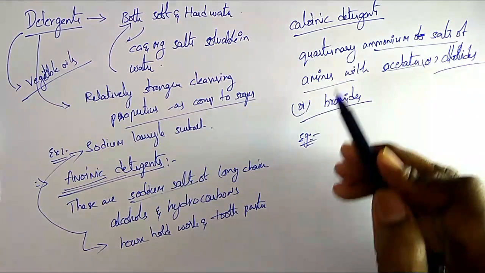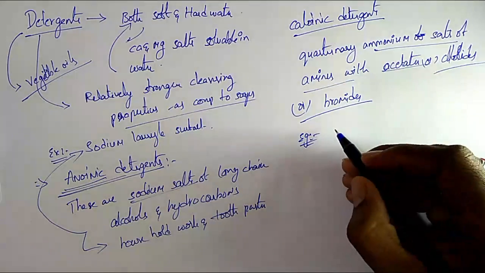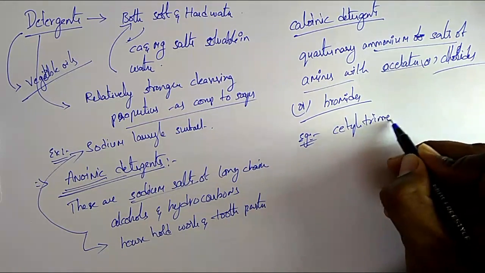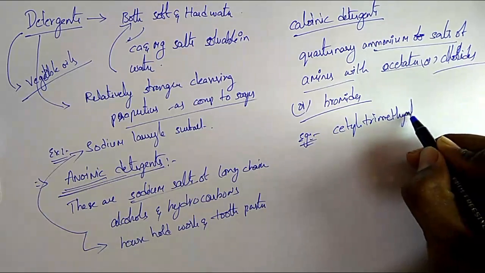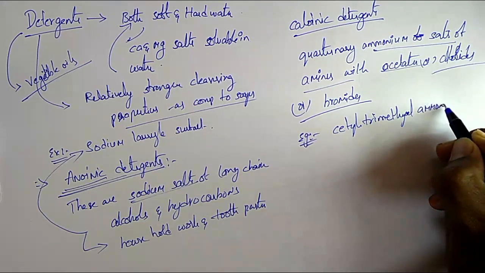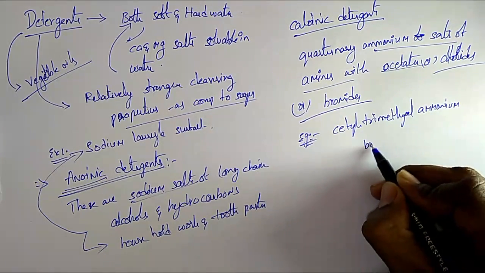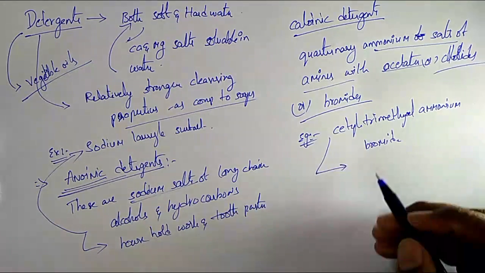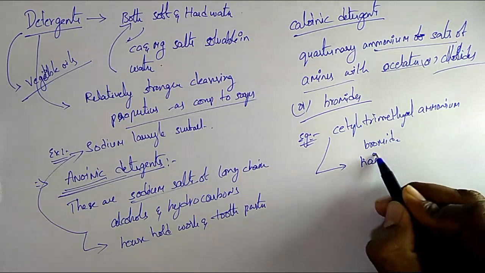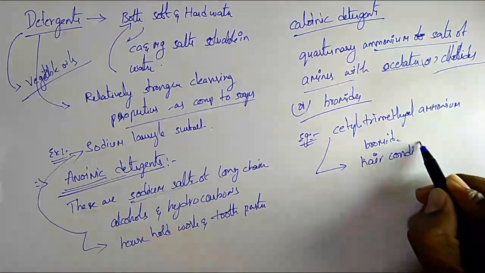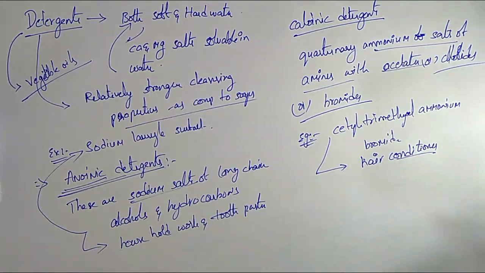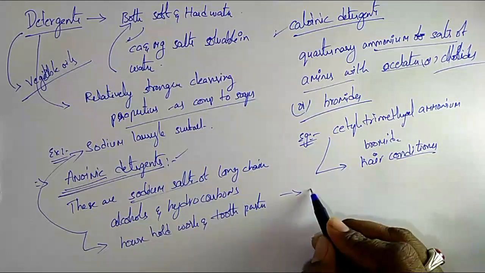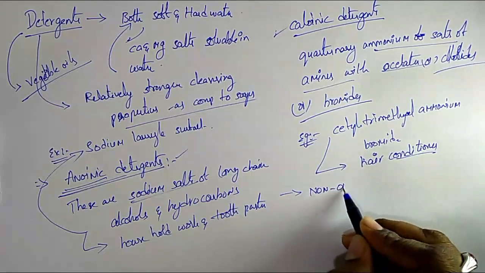An example of cationic detergents is cetyl trimethyl ammonium bromide, and these are mainly used in hair conditioners. The remaining one, first anionic, second cationic, the remaining one is non-ionic.